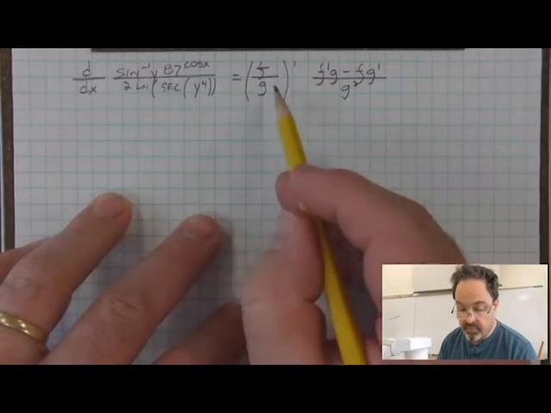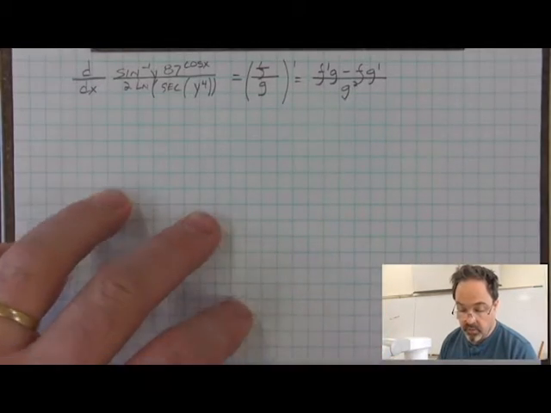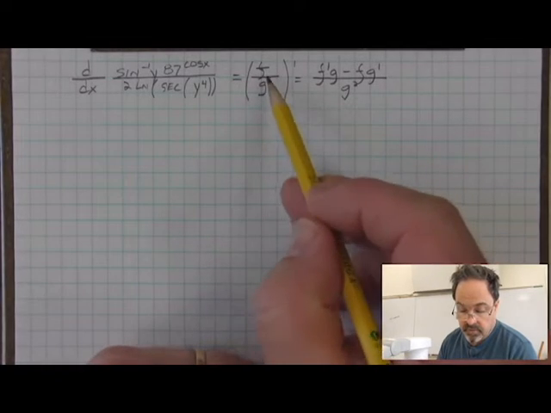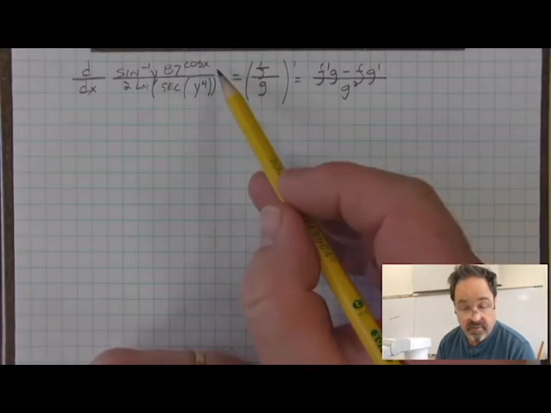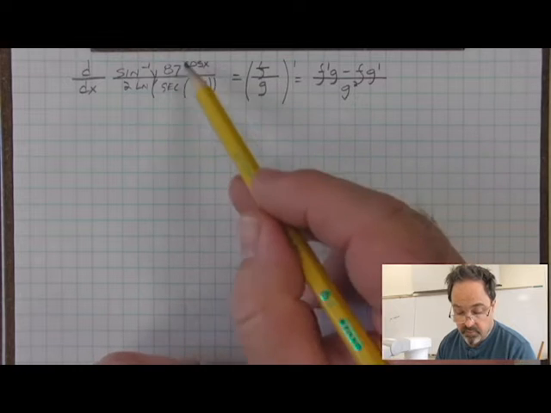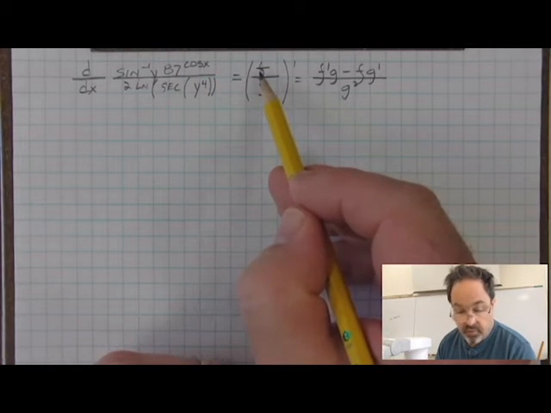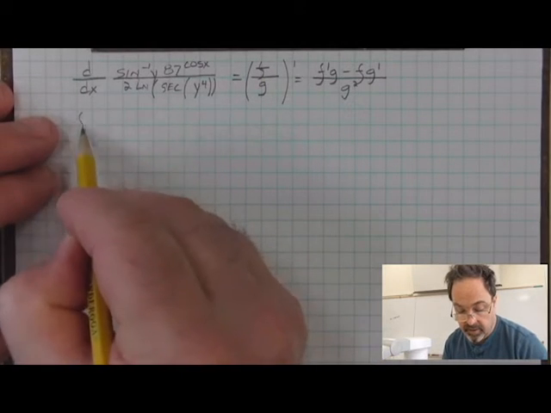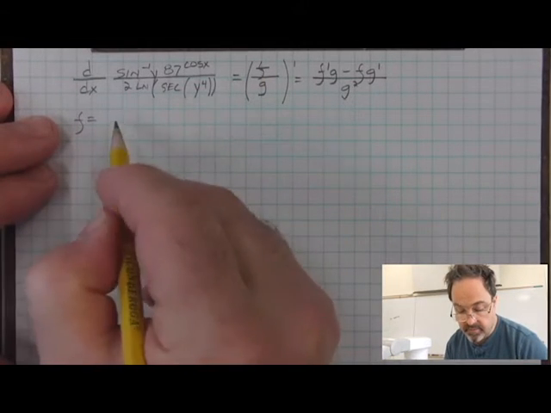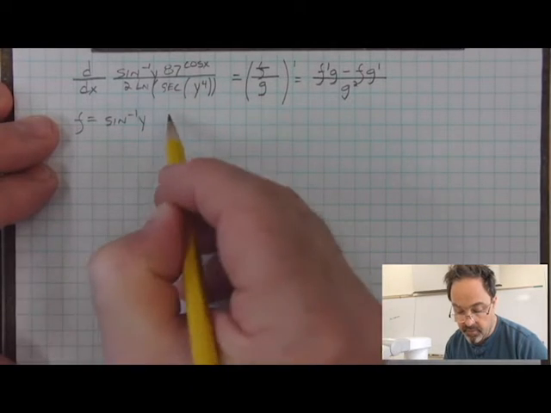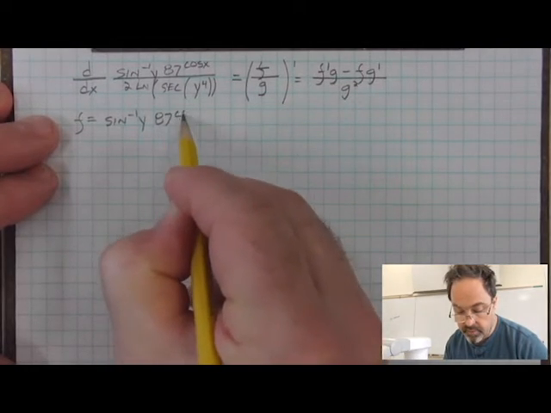In reminding us of the rule for the derivative of a quotient, we have chosen letters to represent the pieces of the original expression. I've chosen f to represent the numerator, and I'm going to write what I have assigned to f on its own line of work.